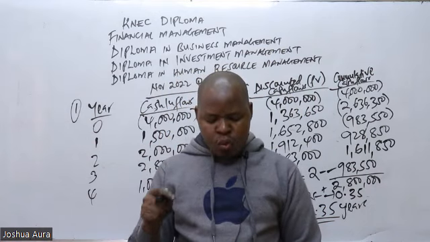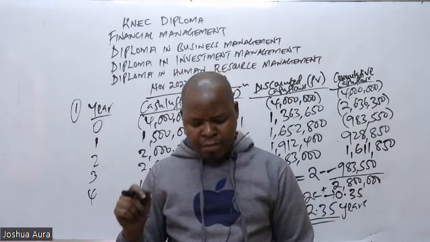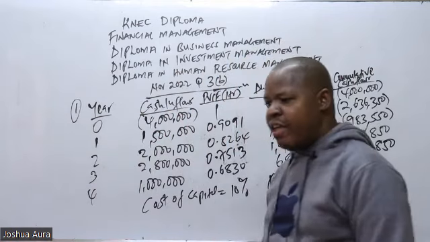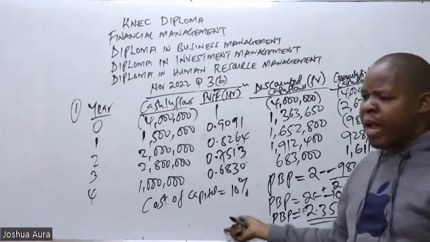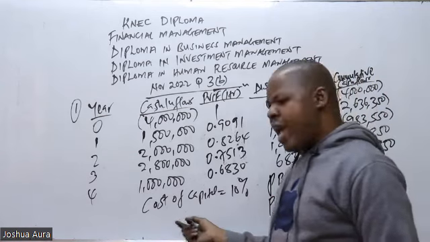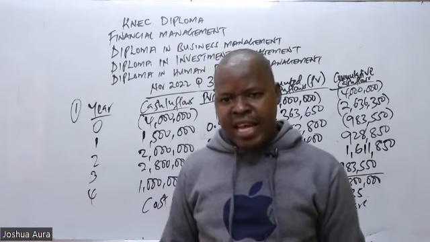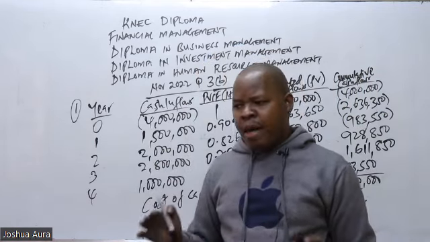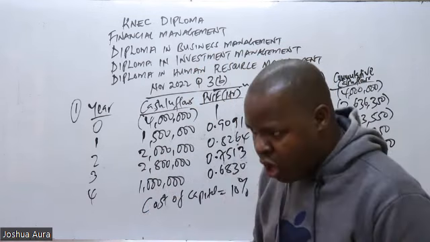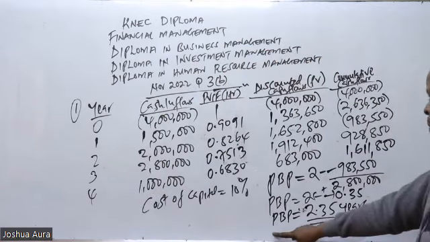The company's policy is to accept a project with a maximum payback period of 2 years, provided the payback period is 2 years and below, not 2 years and above.